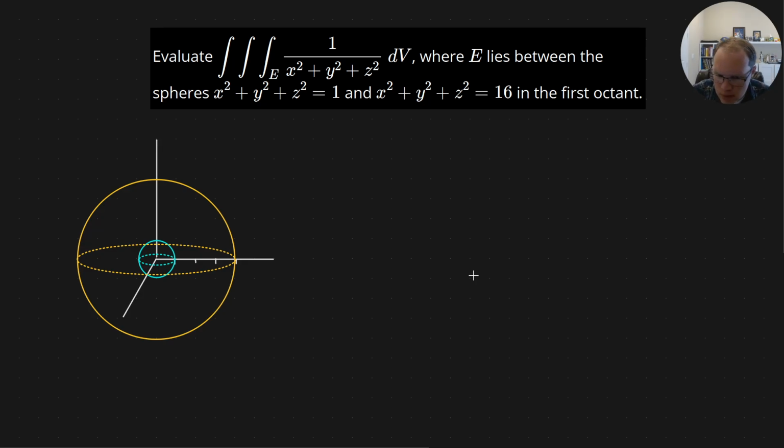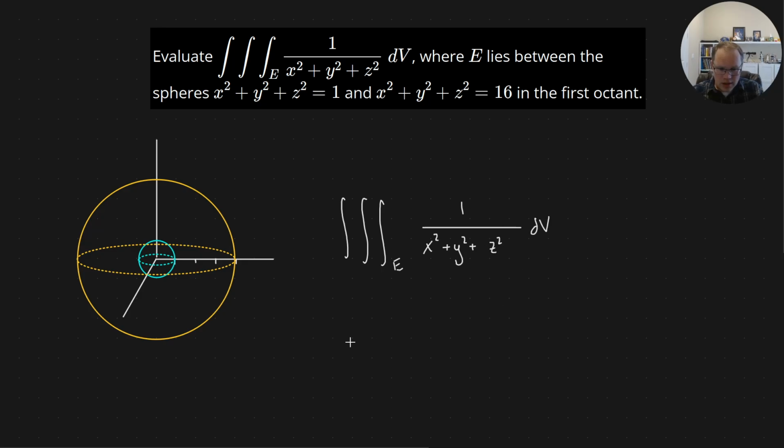All right? So what we want to do, we're going to take our triple integral here over E, 1 over x squared plus y squared plus z squared. And let's rewrite it as a triple integral over spherical coordinates.